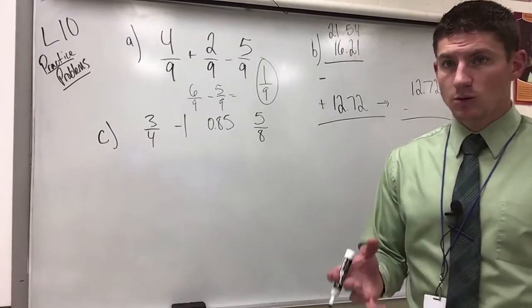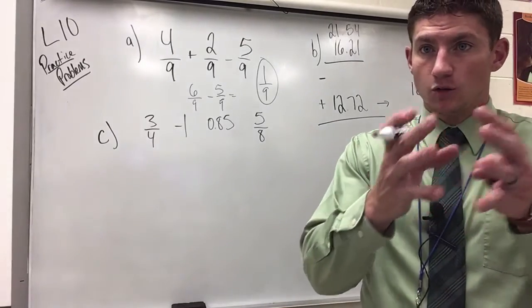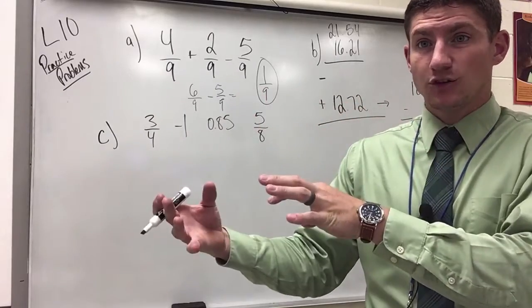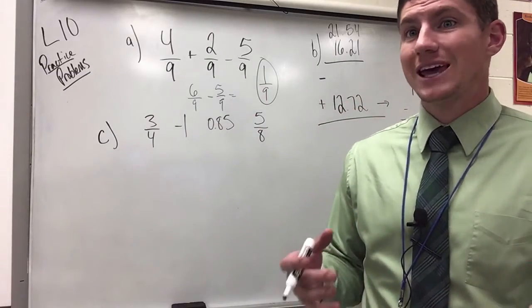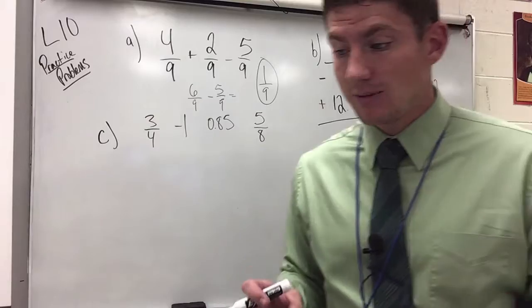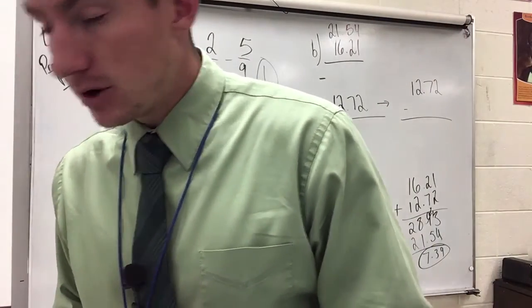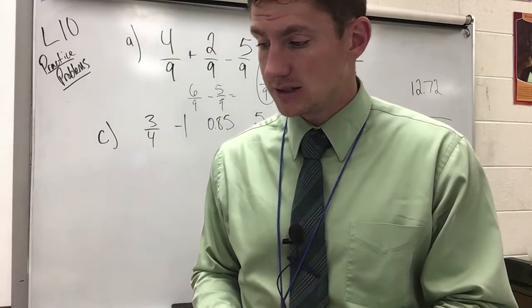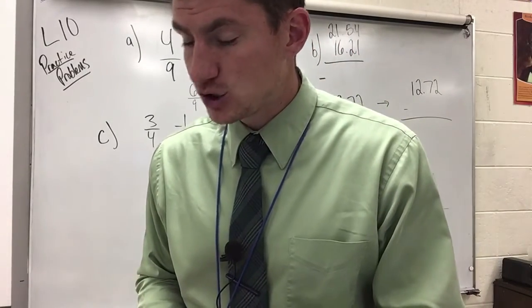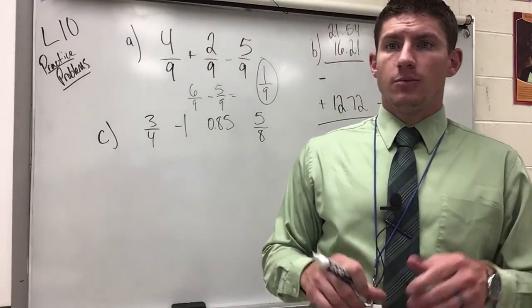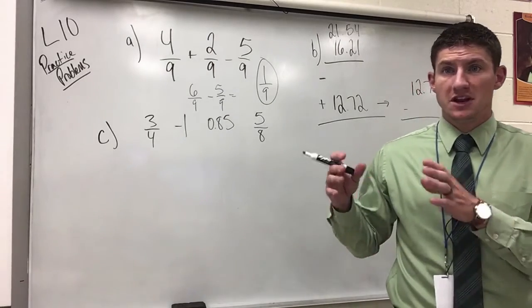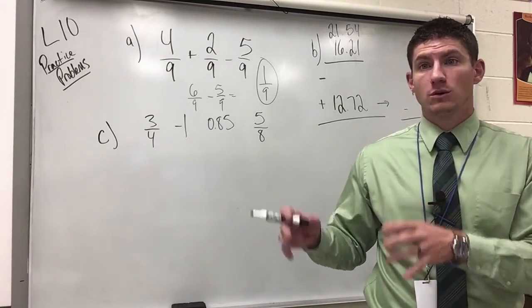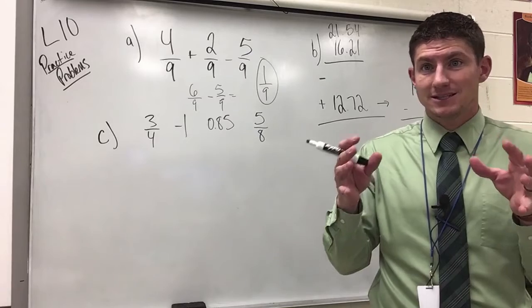Now, that's initially what they're teaching you in example 1, to separate it into positive parts and negative parts. Here I'm going to show you a second way to solve the problem. We'll see if we get the same answer. I'm going to do it as if I was reading it from left to right, just like the problem says. 16.21 minus 21.54. 16.21 is positive, negative 21.54 makes that a subtraction problem.